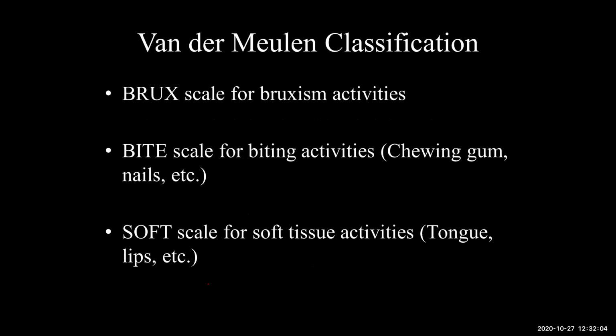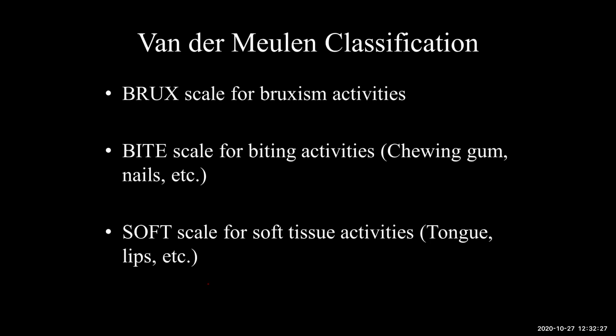There's something called Meulen Classification. I am not going to get into this with you, but even with parafunctional habits, they have scales for everything. There's a Bruch scale for bruxism activities. We don't get into that unless you are a TMJ practice.